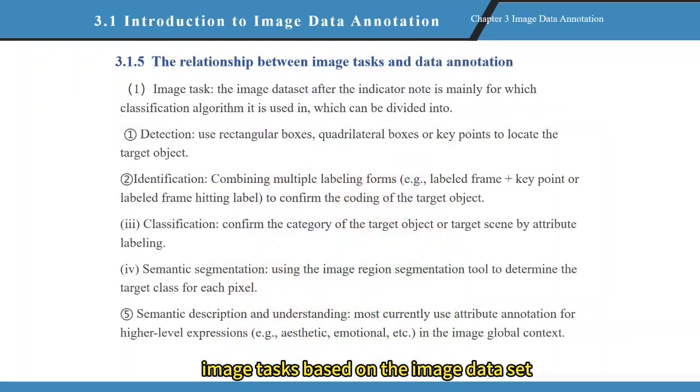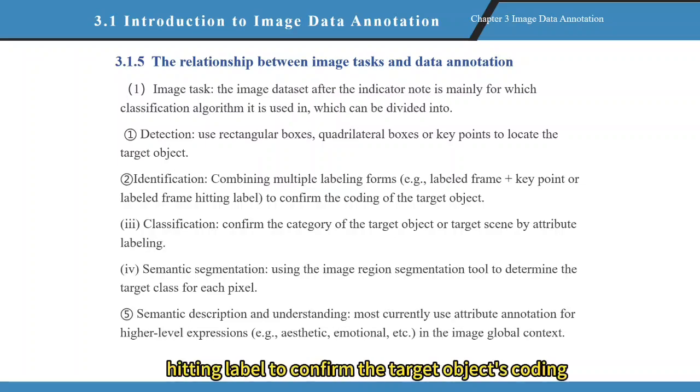Image tasks, based on the image dataset after annotation, are related to different classification algorithms. Detection uses rectangular boxes, quadrilateral boxes, or keypoints to locate the target object. Identification combines multiple labeling forms, like labeled frame plus keypoint or labeled frame plus label, to confirm the target object's coding.